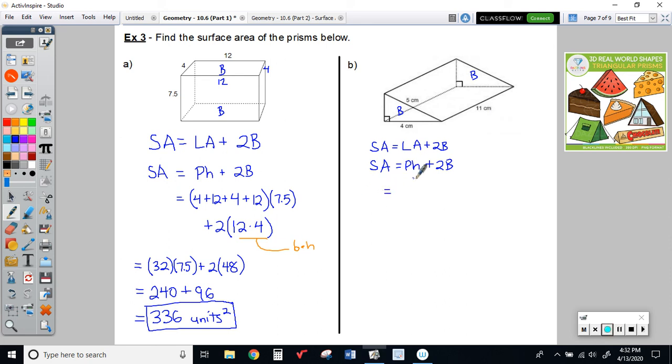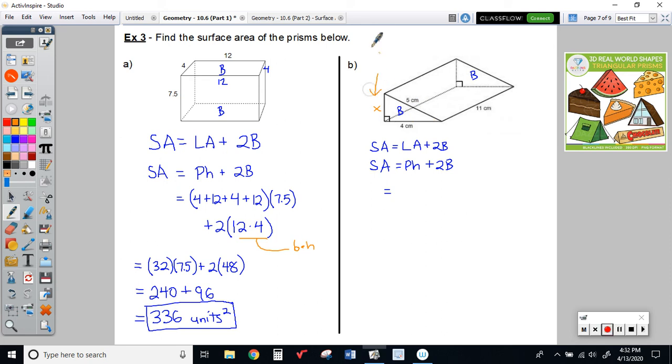So the perimeter of your base, it is not one of the rectangles. It's the parallel parts here. So on this one, we've got 4, 5, and you might know what this is already, but I'm just going to call it x for now, and we're going to solve for x. What could we use to solve for x? Looks like Pythagorean theorem. We know 2 out of 3 side lengths in a right triangle.